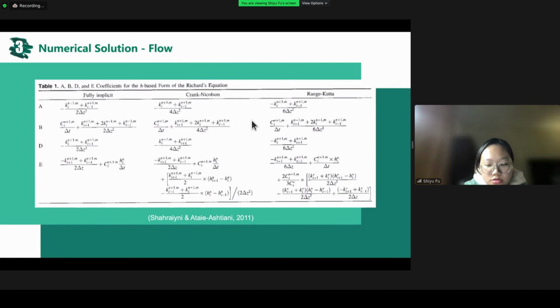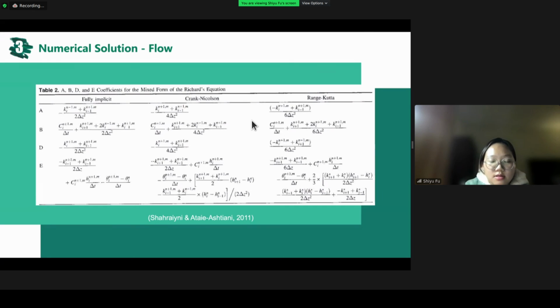In order to obtain more stable results, there are other methods to describe the Richards equation, as shown in table 1. However, comparing the different finite difference scheme solutions, the mixed form has better results than the head-based form. In table 2, it shows the A, B, D, and E coefficients for the mixed form.